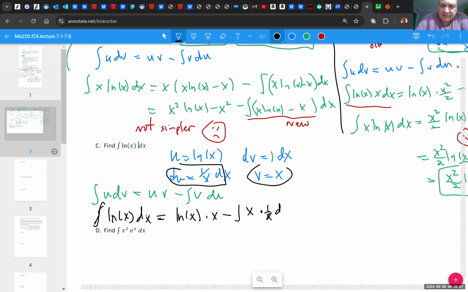All right, so let me move up here a little bit and clean it up. Maybe I'll change color to make it pop out a little bit better. So I get the integral of ln x dx is equal to, I'm going to run out of room.